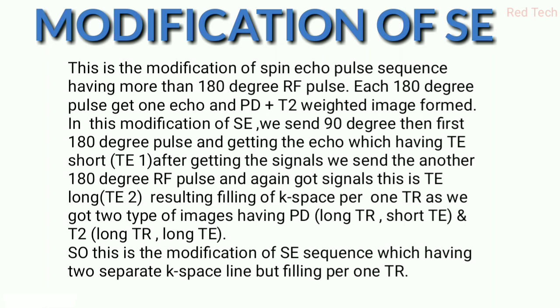In this modification, the change is made to the 180-degree pulse. We apply another 180-degree pulse in this sequence. This is basically the modification of spin echo. By this modification, we get PD and T2 weighted images formed.